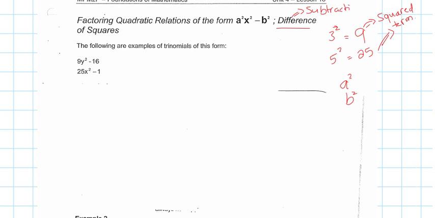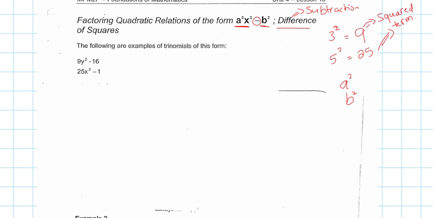So now I have difference of squares. That means it's a subtraction between two squared numbers. Okay? So if I have a squared term minus another squared term, this is a special kind of factoring.